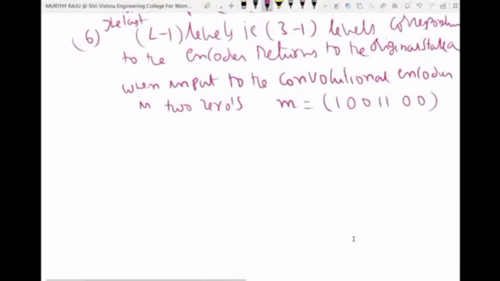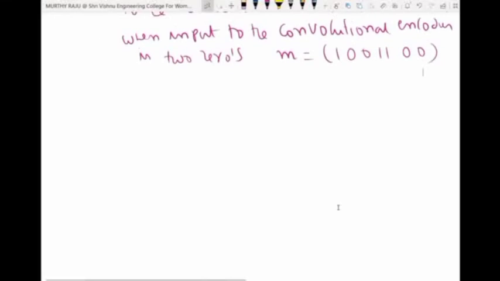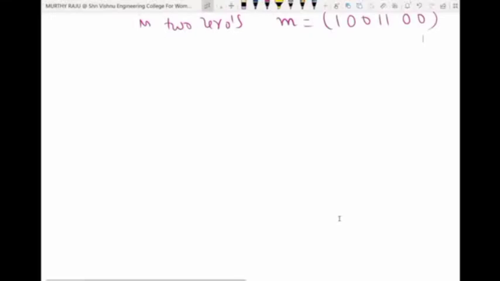Once the structure is constructed, encode the given message.